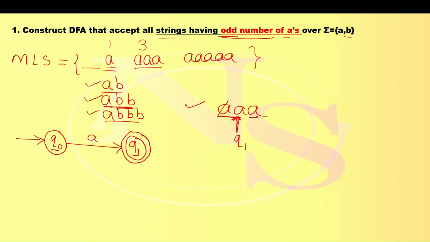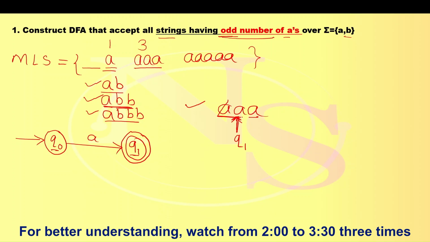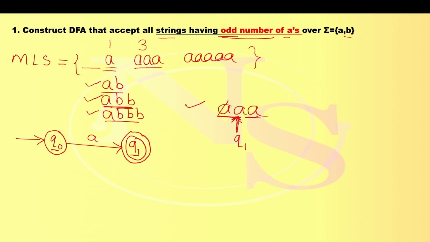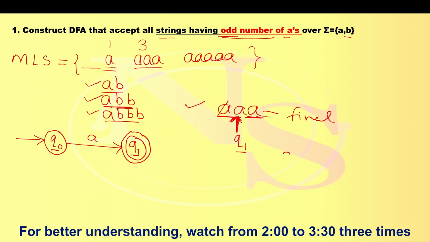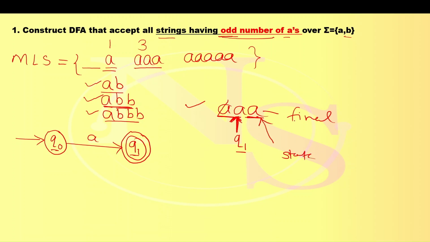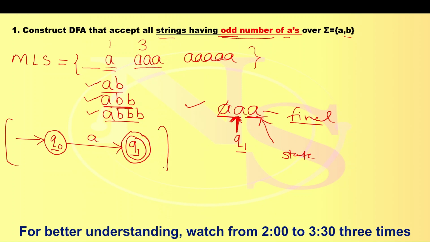So the transition from Q1 for symbol A should reach some other state, and from that other state, the transition of this A should go to the final state. That is, as I mentioned, Q1 reading A goes to some other state, and that other state should read this A and go to the final state. So in these existing states, which one is the state which is reading this A and going to final?